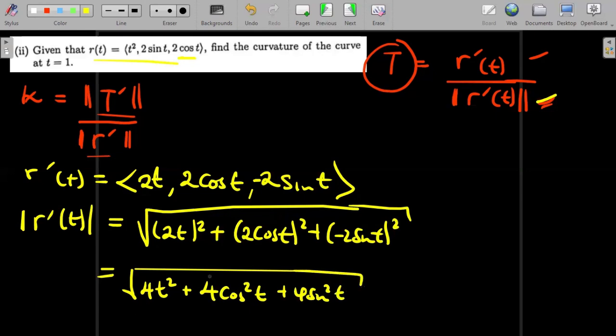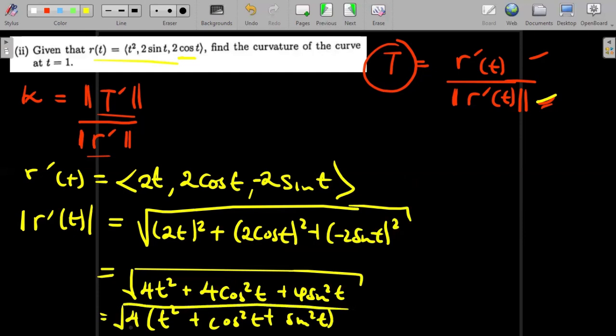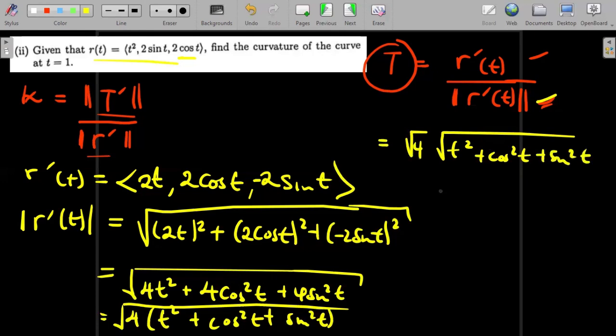Then from there, you can factor out 4 since they all have 4. So I'll have 4 times T squared plus cos squared T plus sine squared T. Since they are multiplying, I can find the root of 4, then the root of whatever remains, which is T squared plus cos squared T plus sine squared T. So here I get 2.